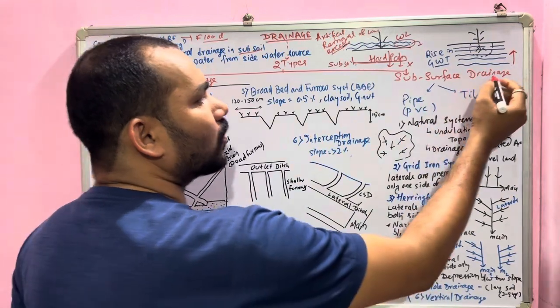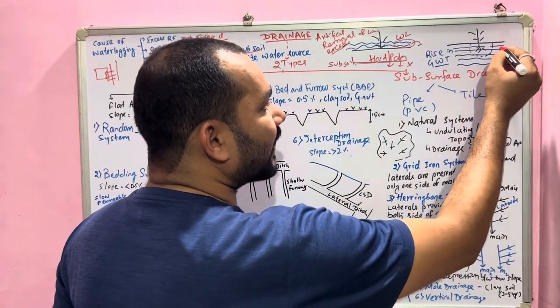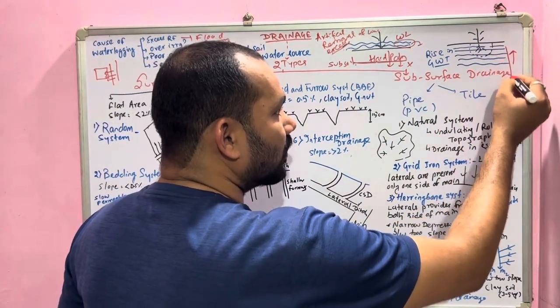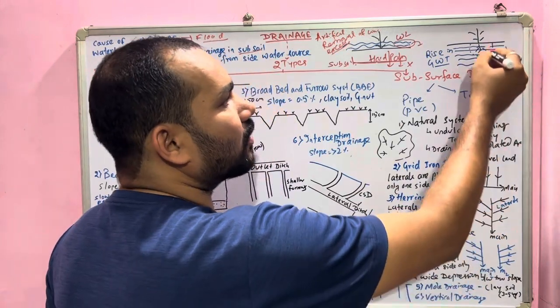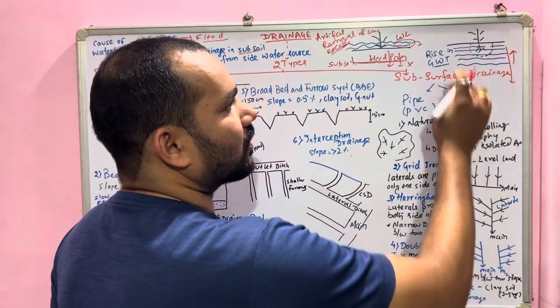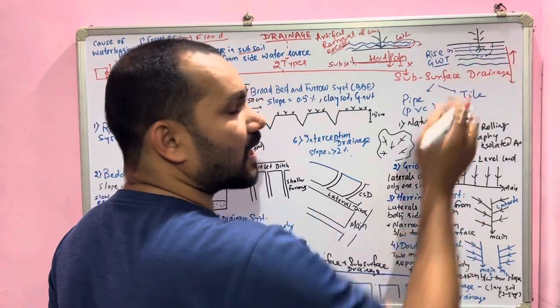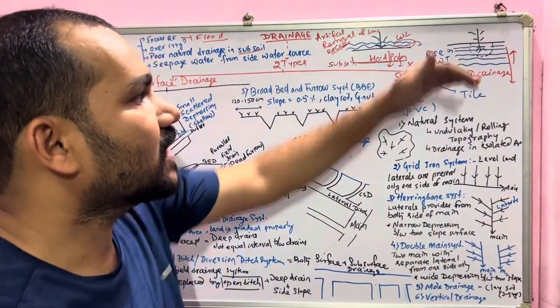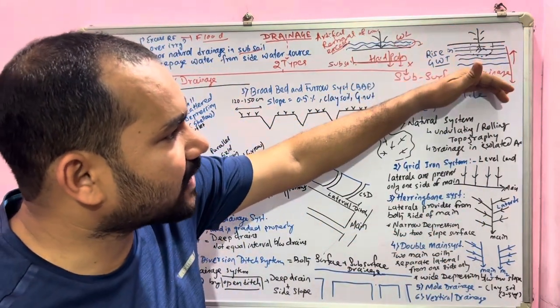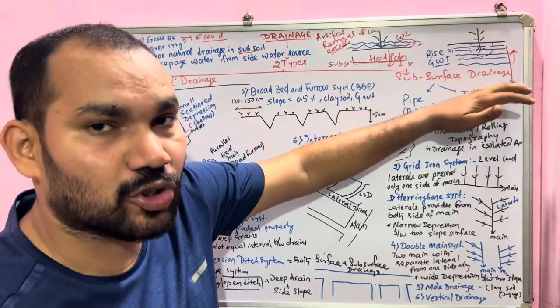So I want to decrease the groundwater table beyond the rhizosphere zone, so that the water level decreases and lies below the rhizosphere zone.